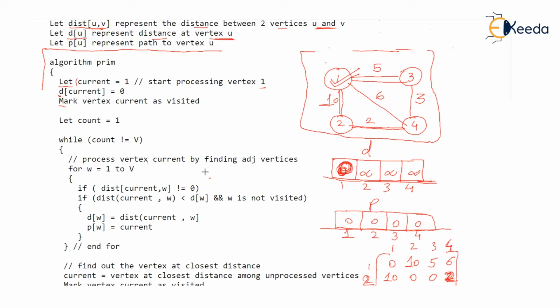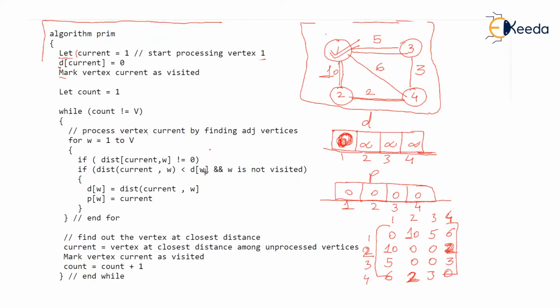You watch the dist matrix drawn below. Whose neighbors do you want to know? Neighbors of 1. Then you just go through the entire first row, and in that row, wherever you see non-zero values, those vertices are neighbors of 1. So 2, 3, 4 are neighbors of 1.